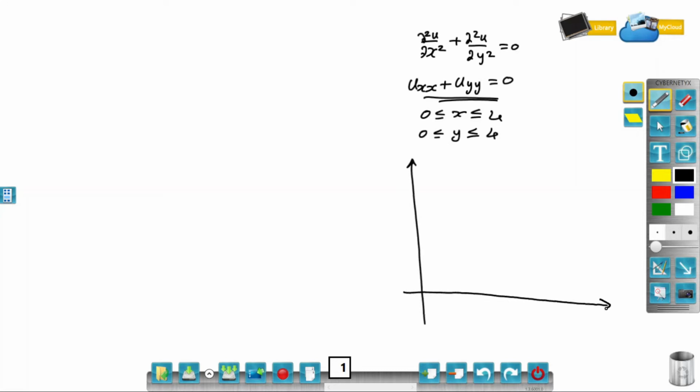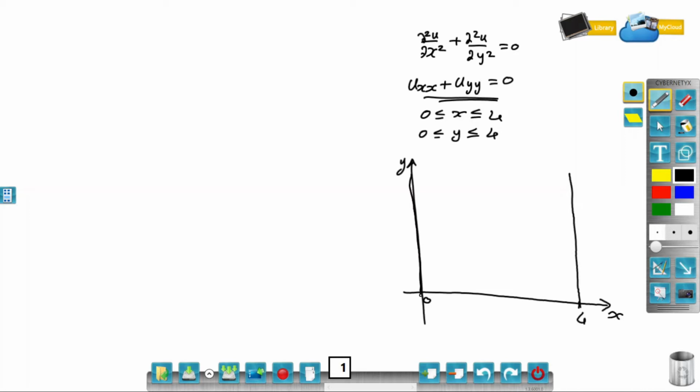This is x, this is y. For 0 ≤ x ≤ 4, this is 0 and this one is 4. So this is the boundary of x.